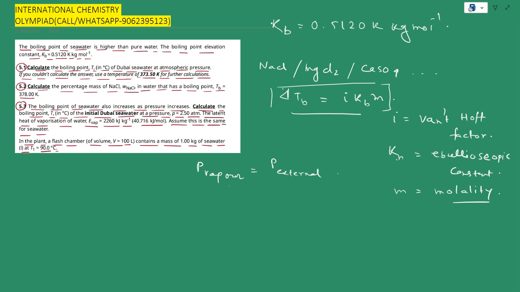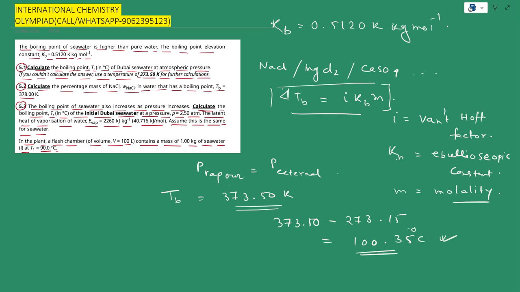That means the expected answer of part 5.1 is Tb equal to 373.50 K. Convert it to Celsius: 373.50 minus 273.15, so this will be basically 100.35 degrees Celsius.